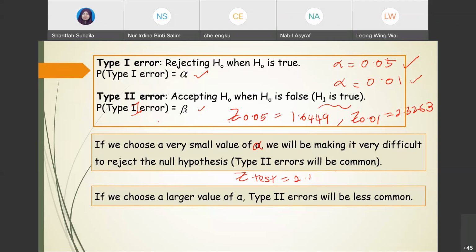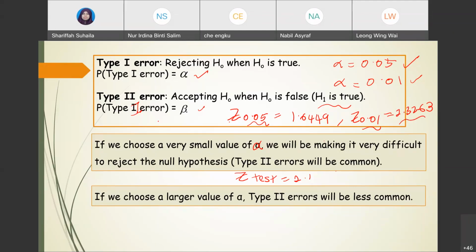So that's why if we choose a very small value of alpha, maksudnya alpha 0.05, kecil lagi, alpha 0.01, we will be making it very difficult to reject the null hypothesis. Okay, sebab kamu punya Z test ni 2.1. So kalau let's say compare dengan alpha 0.05, dah reject dah. Tapi compare dengan alpha 0.01, agak sukar untuk kamu menolak that hypothesis sebab the value dia adalah 2.3.